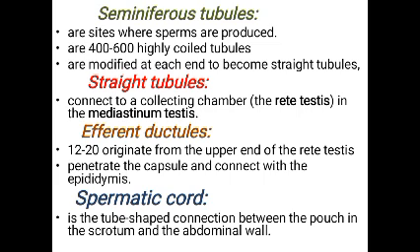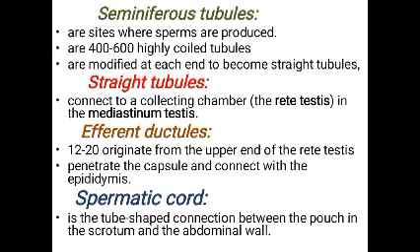Seminiferous tubules are sites where sperms are produced. 400 to 600 highly coiled tubules are modified at each end to become straight tubules. Straight tubules connect to a collecting chamber, the rete testis, in the mediastinum testis.